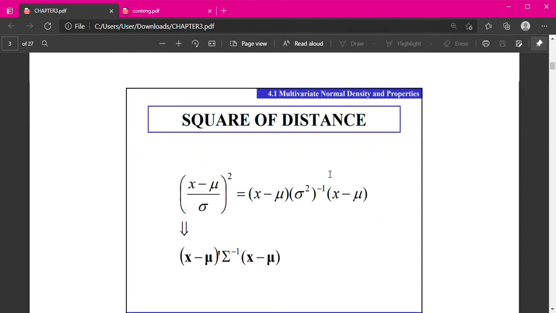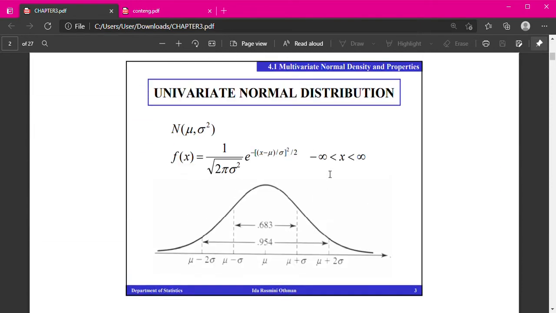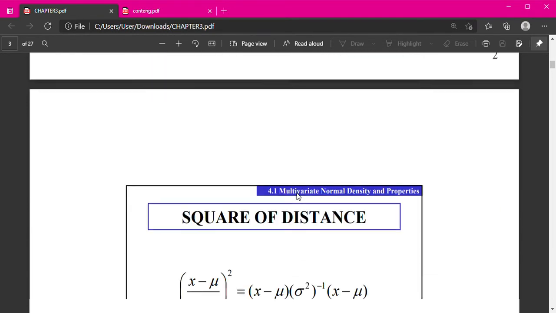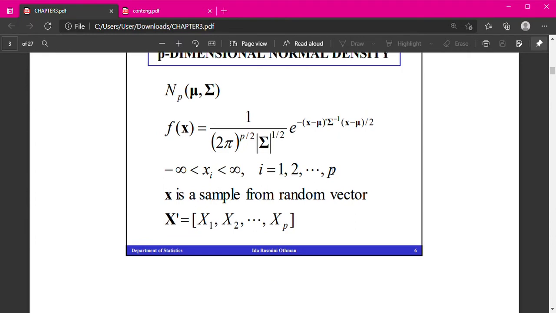Okay, you boleh comparekan dengan this univariate PDF. Okay, kita gantikan sigma square here dengan our variance-covariance matrix. We replace this term with the square distance. Okay, so it will be like this.